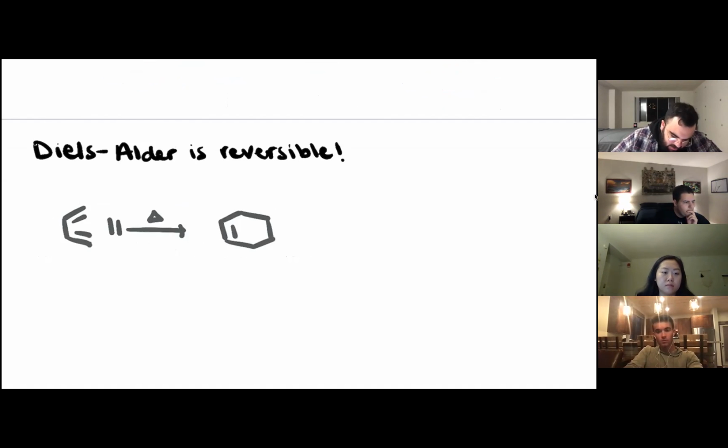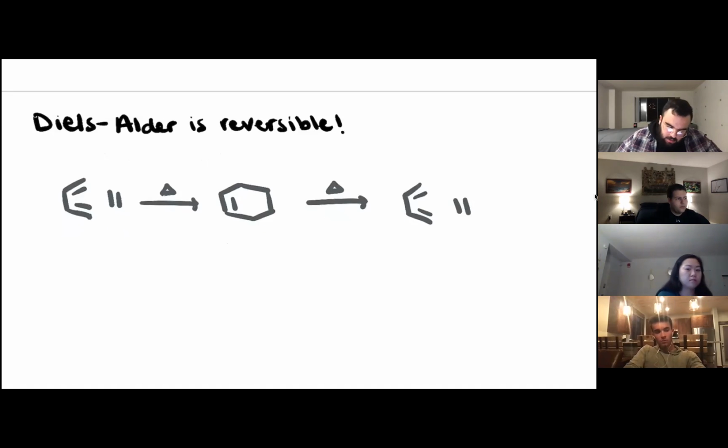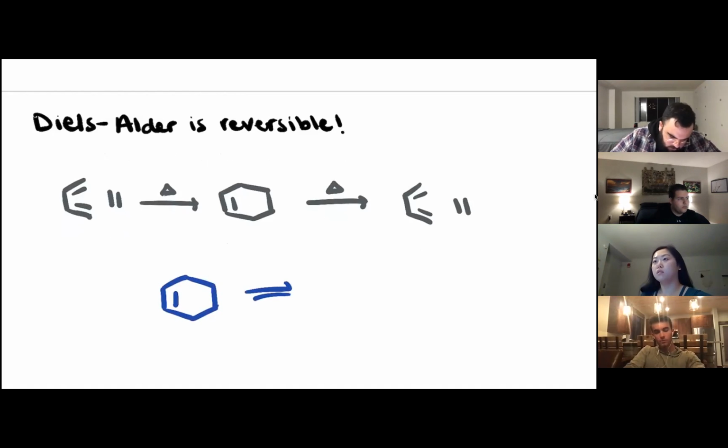If I actually take this 6-membered ring, that cyclohexene, and I heat it up once again, I will end up reforming 1,3-butadiene and ethylene again as well, being a testament to Diels-Alder's reversibility.